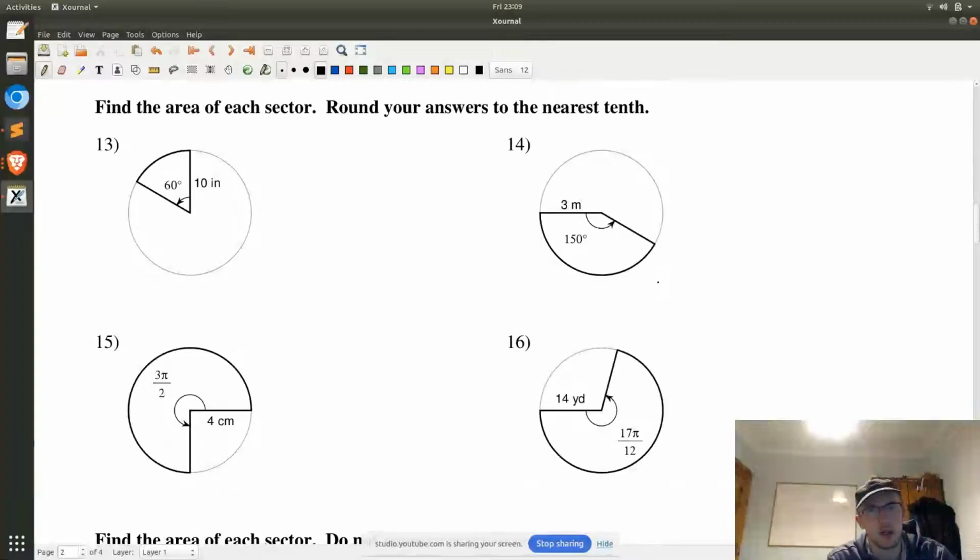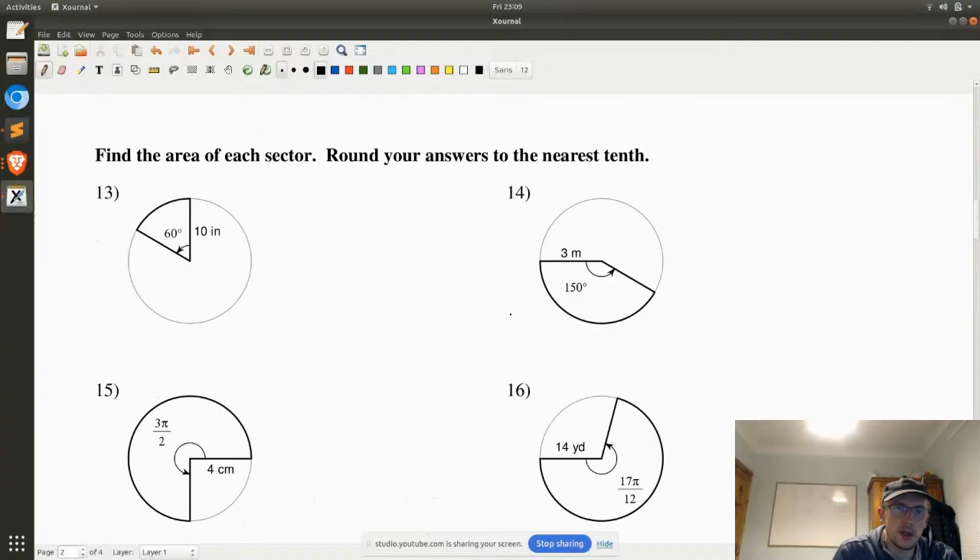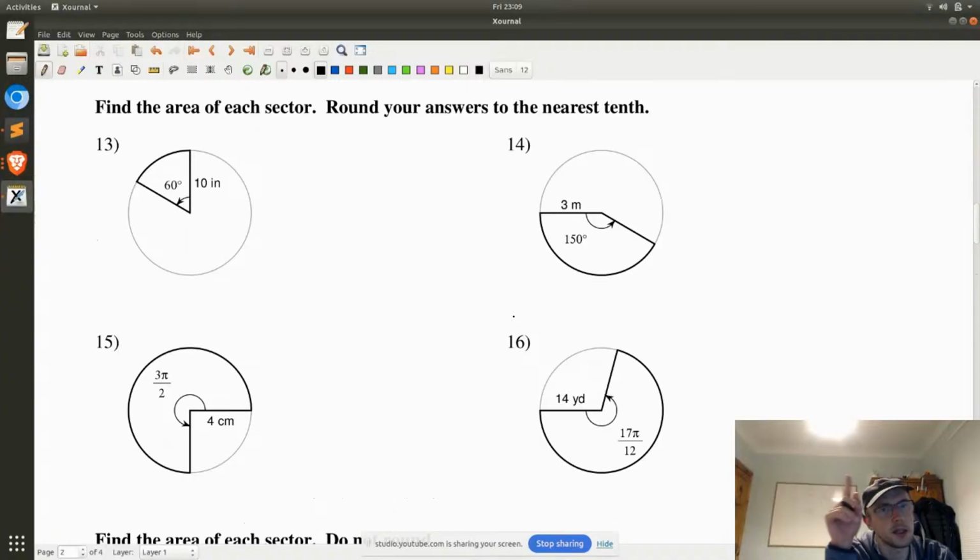Right, areas of sectors. There's more. For areas of sectors, you just have to find the area of the entire thing and then multiply it by what fraction that is. A sixth, and so the area of the entire thing is pi r squared, so that's 100 pi, 1/6 of 100 pi.